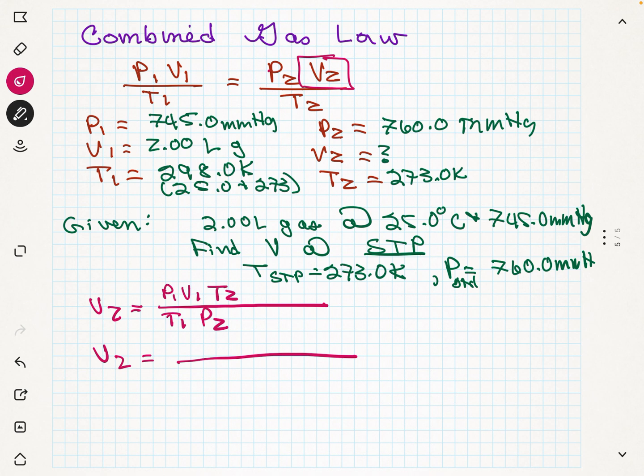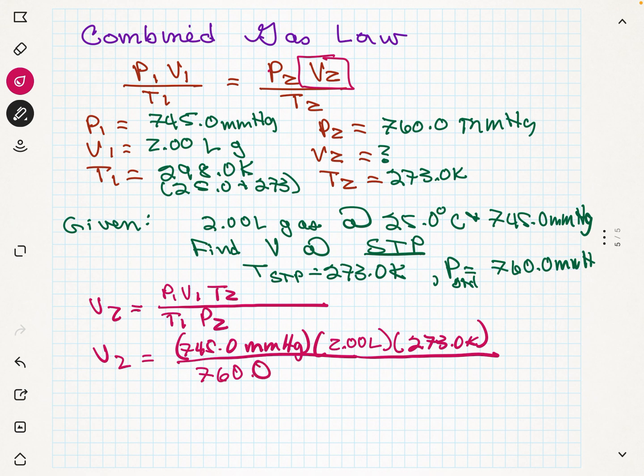P1, we're going to have 745.0 mmHg. Students who are good at this, do not leave the units off. Times 2.00 liters times 273.0 Kelvin divided by 760.0 millimeters mercury times 298.0 Kelvin.